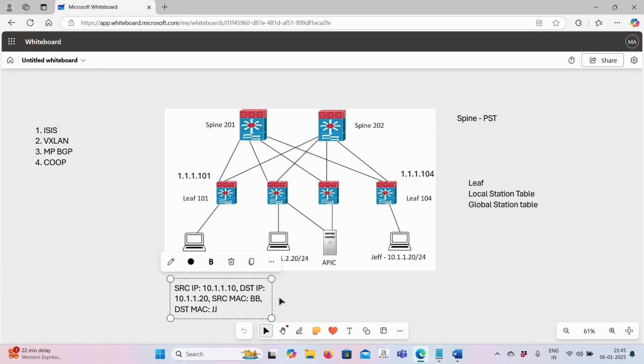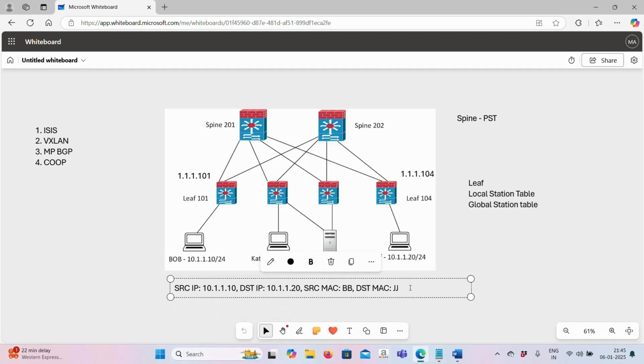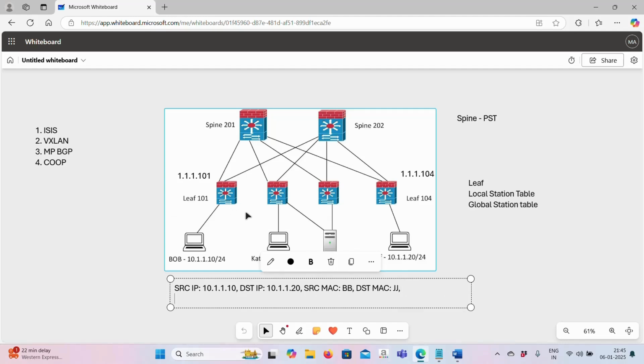So this packet will come to leaf 101. Leaf 101 will encapsulate the packet with the VXLAN header, and in that the outer source IP address will be, for example, 1.1.1.101, that's the loopback IP address of leaf 101, and the outer destination IP will be 1.1.1.104.